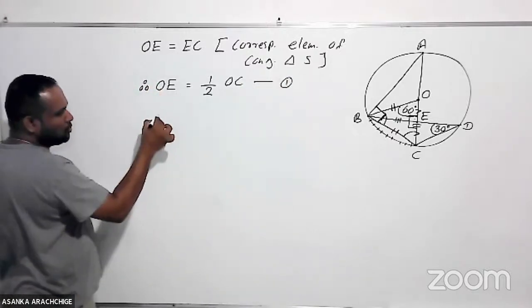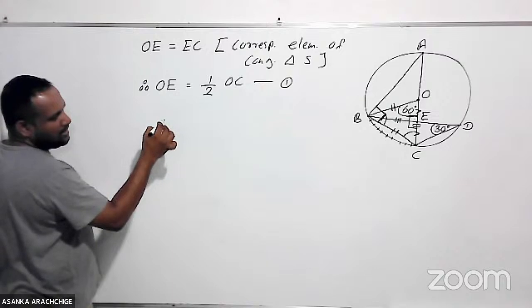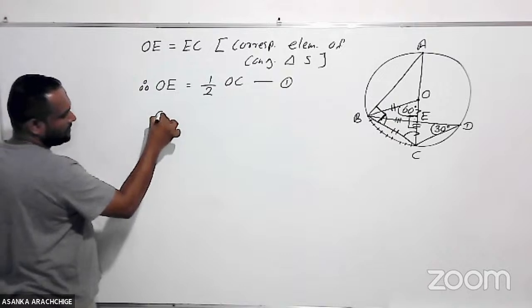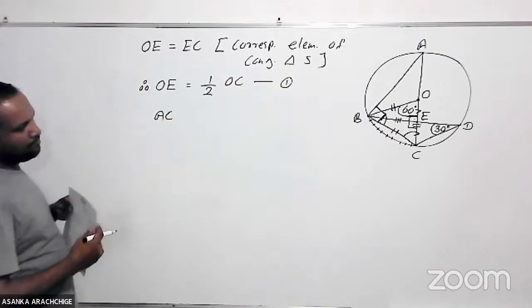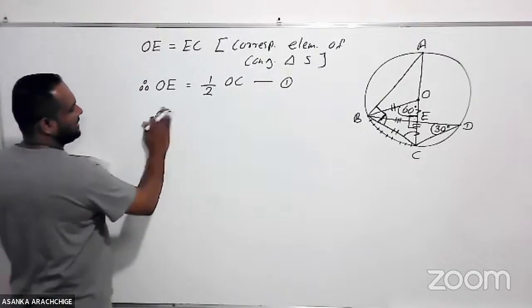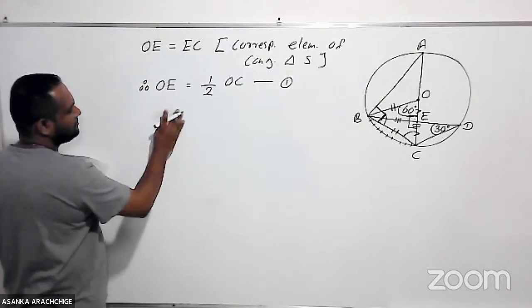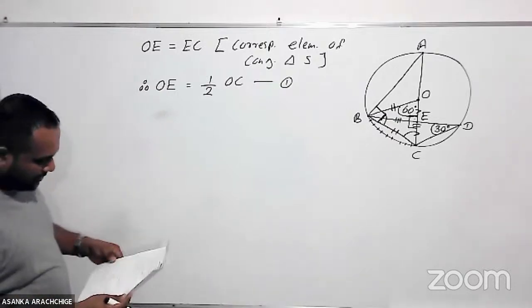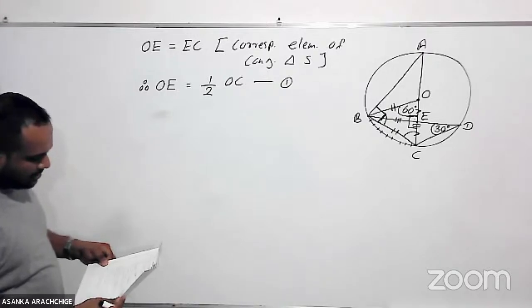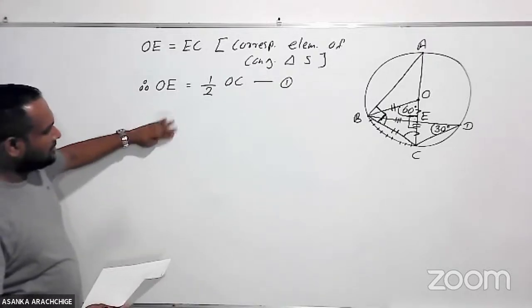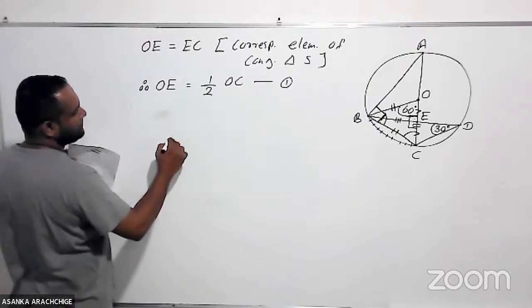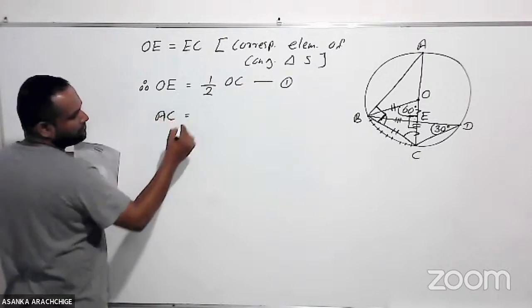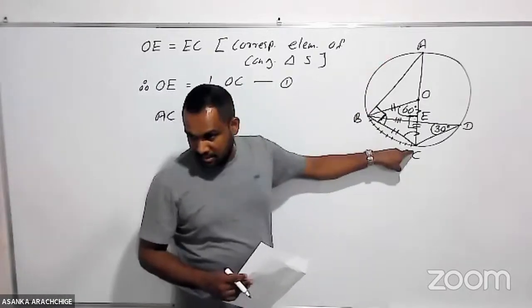But you know, we want to connect AC and OE, right? Then I write AC is equal to, AC means the diameter, no?